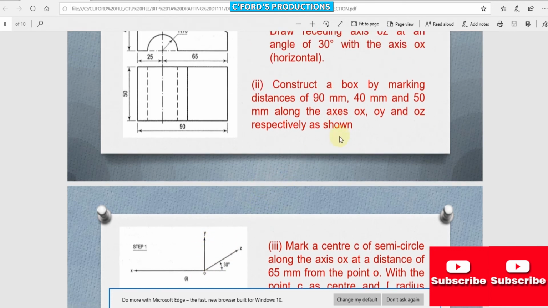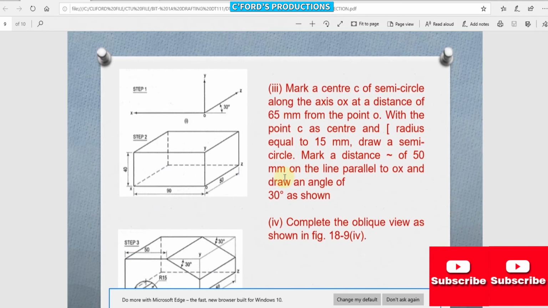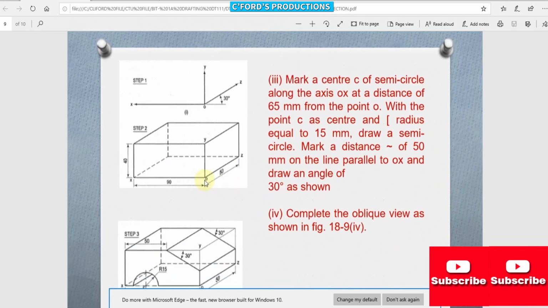So next, construct a box by marking distances of 90 mm, 40 mm, and 50 mm along the axes OX, OY, and OZ. So in OX, the dimension is 90 mm.